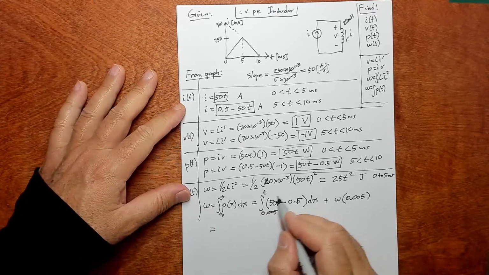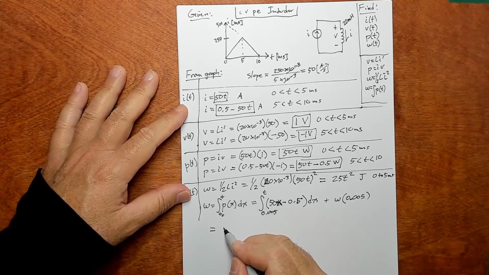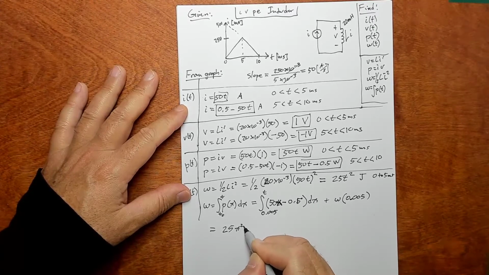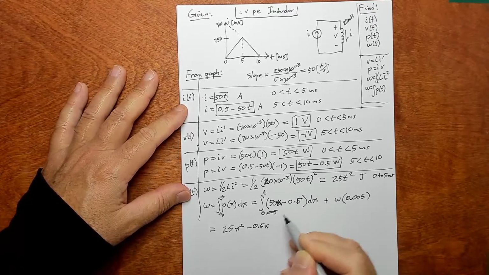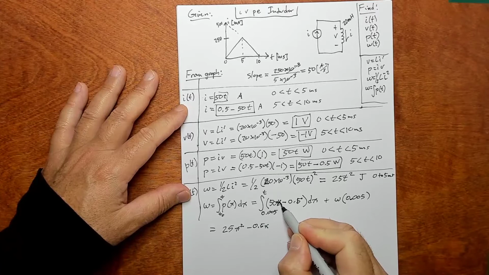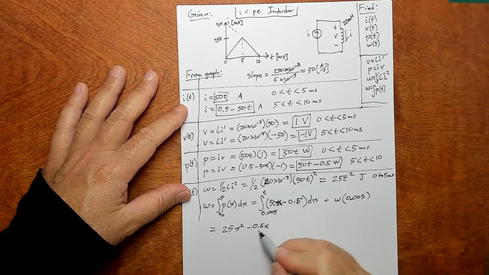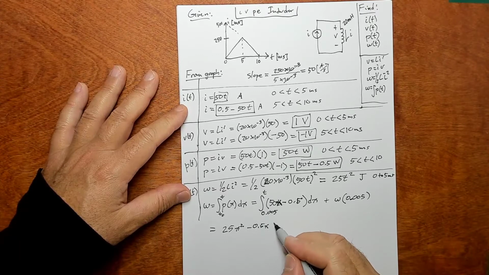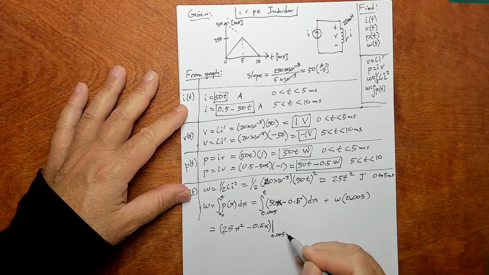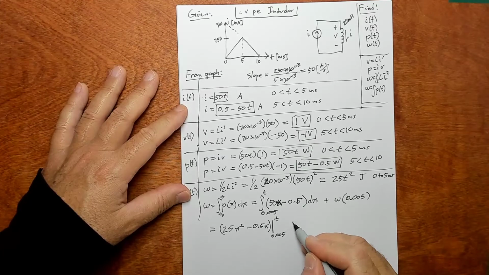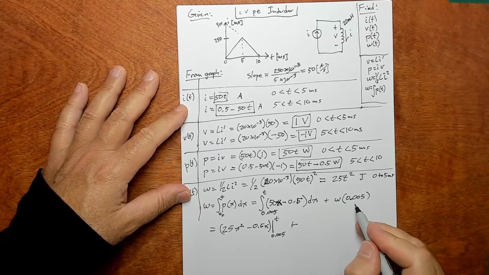So the integral of this in here is going to be 25x squared minus 0.5x. You get 1/2 x squared, should be 25x squared, and then you end up with 0.5x. This whole thing is evaluated from 0.005 to t, plus this initial energy here.